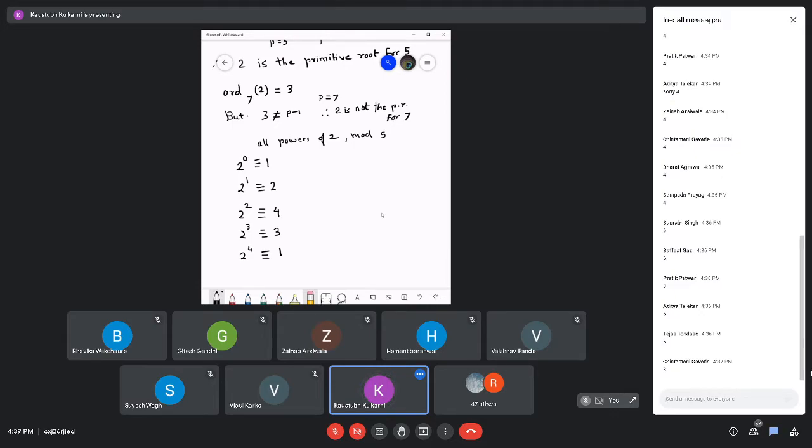From here on it will repeat again, so I'll not write it here. But if you see 1, 2, 3, 4, all the positive integers less than 5, we could find them here.